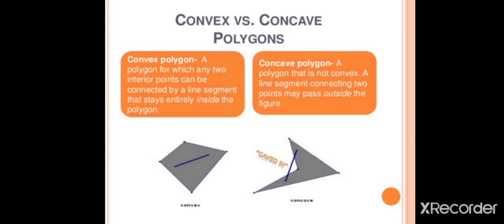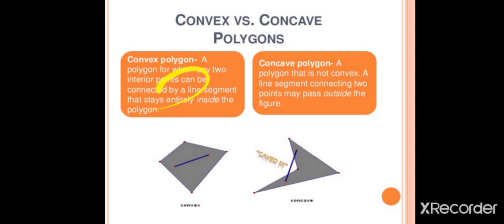Let us start with the second type, that is the convex versus concave polygon. What do we mean by convex? A polygon for which any two interior points can be connected by a line segment that stays entirely inside the polygon. So let us take one example.